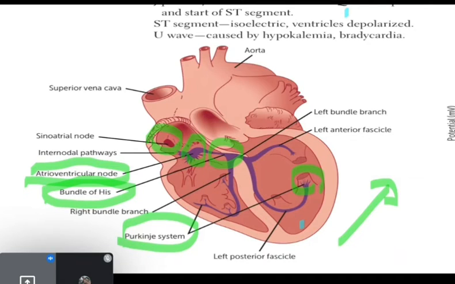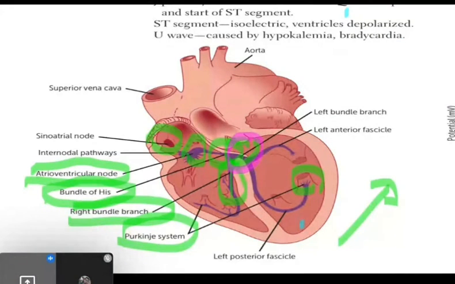And then you have here the right bundle branch. If you have heard of right bundle branch block or left bundle branch block, this is here. This is the right bundle branch, and here you have the left bundle branch.